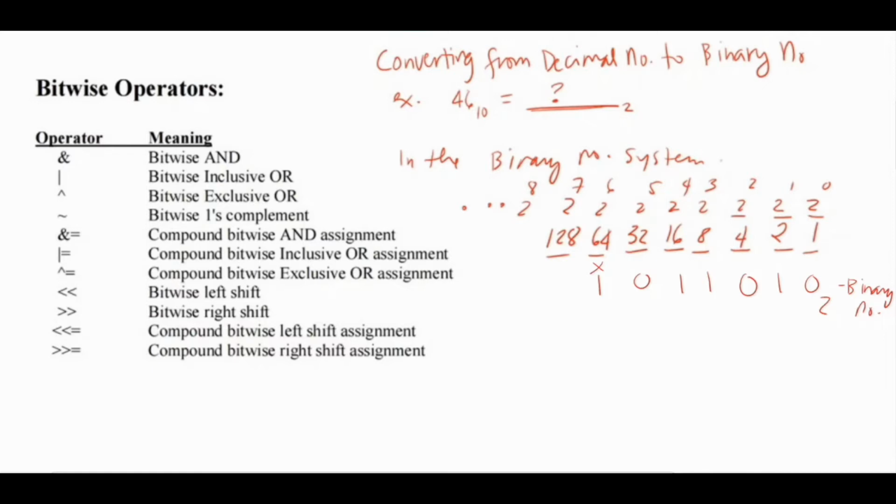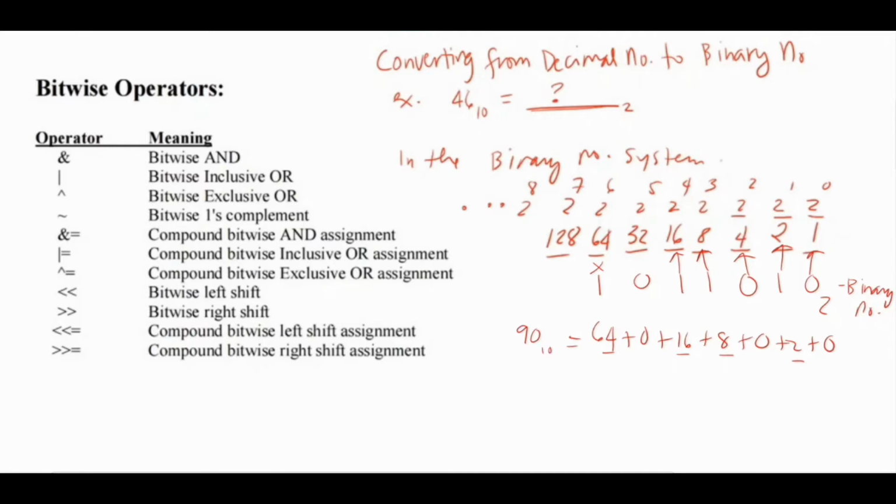So 1 times 64, that is 64, and this is 0, and this is 1 times 16 is 16, plus 1 times 8, that's 8, plus 0 times 4, that's 0, plus 1 times 2, that's 2, plus 0 times 1, that is 0. Now that you have the products, you get the sum of these products. What is 64 plus 16 plus 8 plus 2? That is simply equal to 90.